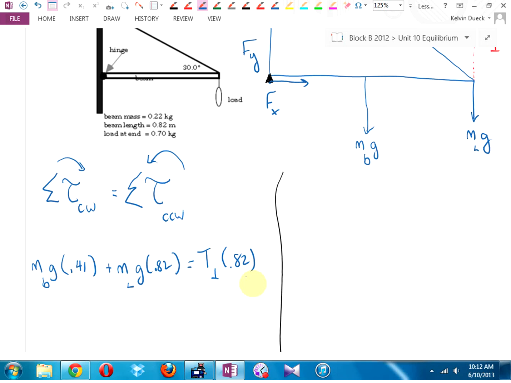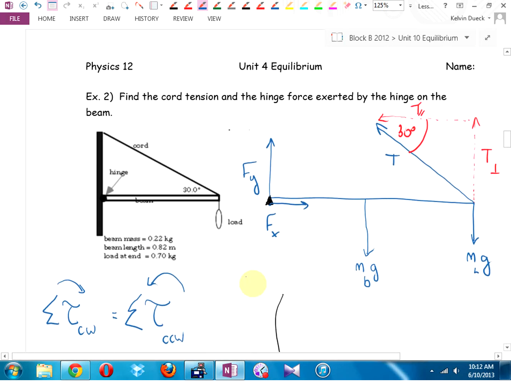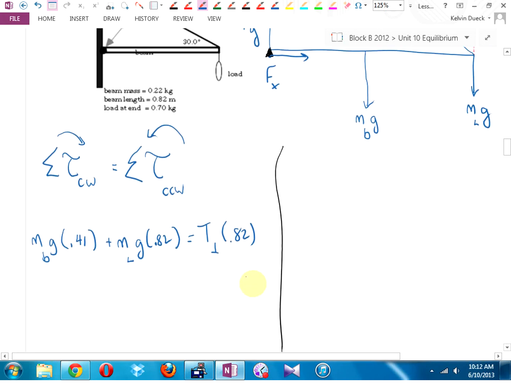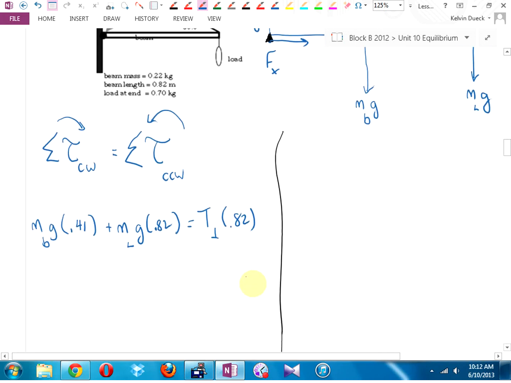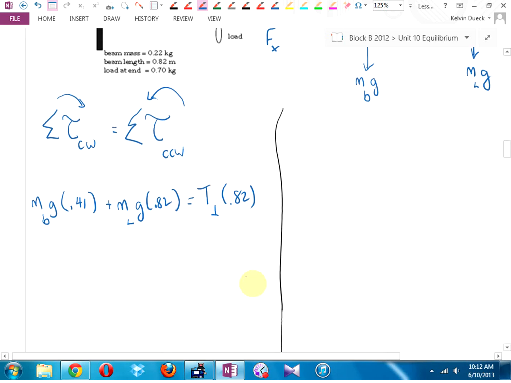Use that to find tension, and I think I can because I got a lovely trig triangle up there. How would I get tension perpendicular by itself? Okay, so we're going to have this.